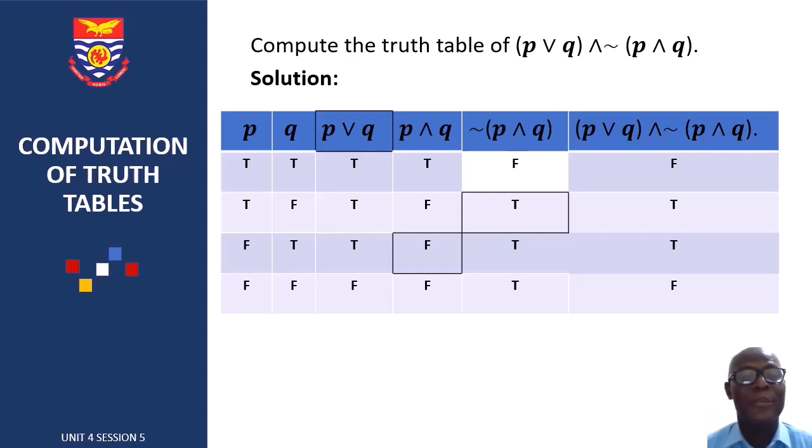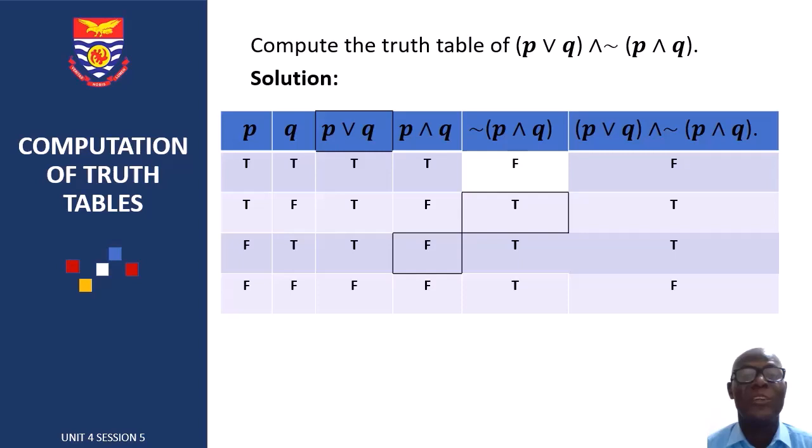But if P is truth and Q is false, then the conjunction is false. If P is false and Q is truth, then the conjunction is false. If both P and Q are false, then the conjunction is false.